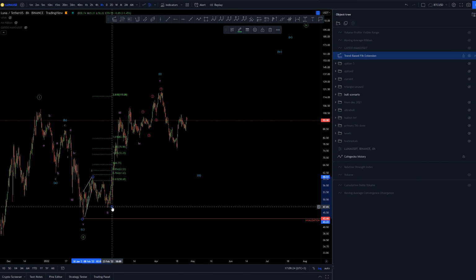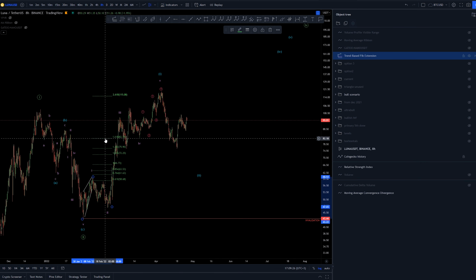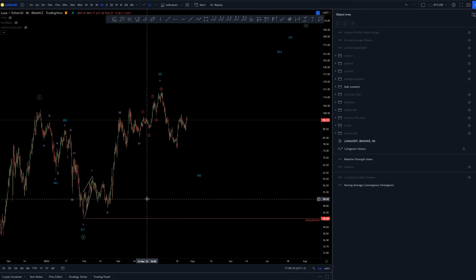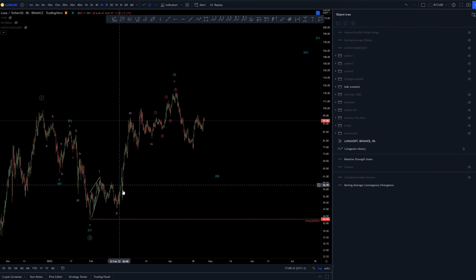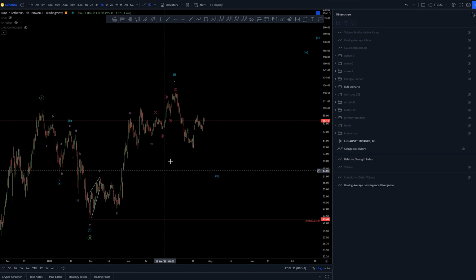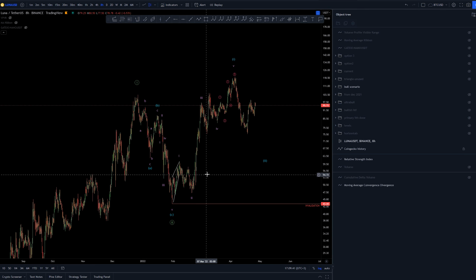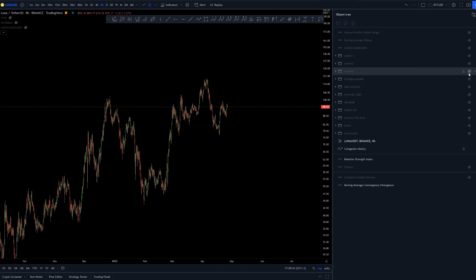We can see that the extension for the third wave goes beyond the 1.618, which is usually the target for wave 3 if it does not extend. So this looks better as a single move than the B wave presented a bit earlier.